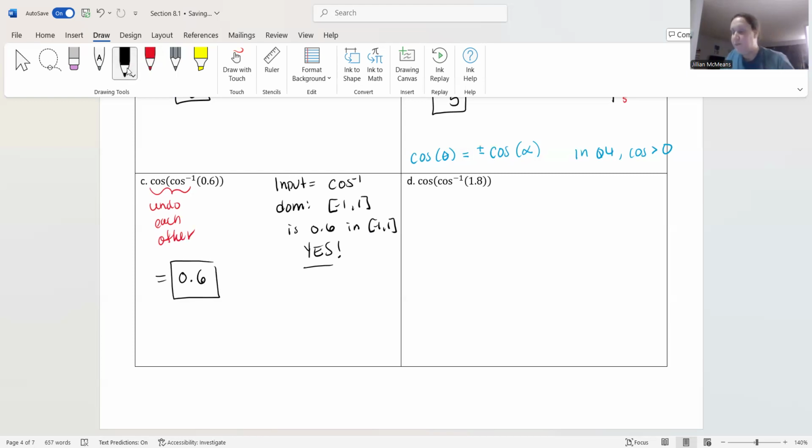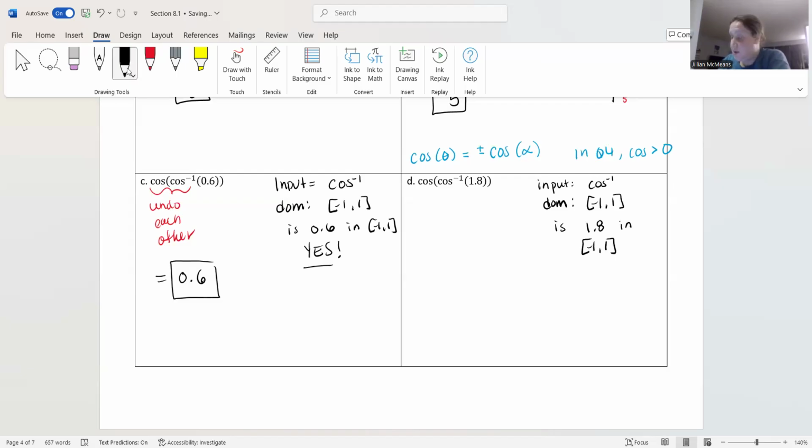Part D is going to be a little weird. So part D, we have cosine of inverse cosine of 1.8. So the input function is inverse cosine, and the domain of inverse cosine is negative 1 to 1. So is 1.8 in this interval of negative 1 to 1?